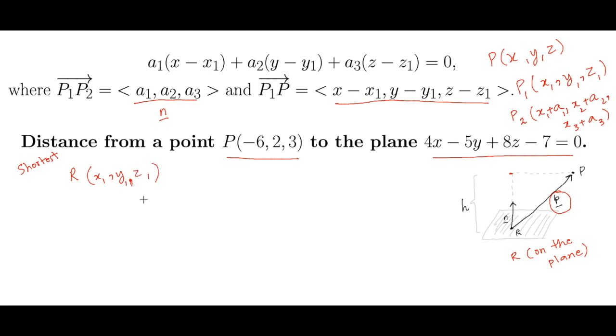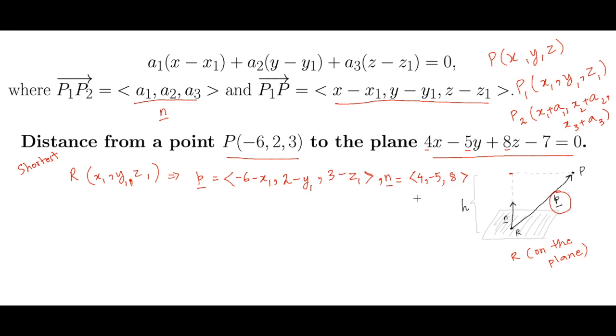Then my P is minus 6 minus x1, because P is this, 2 minus y1 and 3 minus z1, in this kind of enclosure. So this is my P. What is my n? We have already seen that these coefficients correspond to the normal vector. So n is 4, minus 5 and 8.